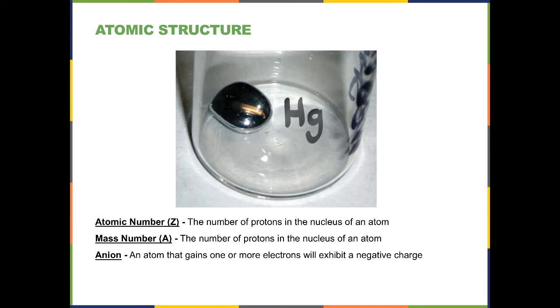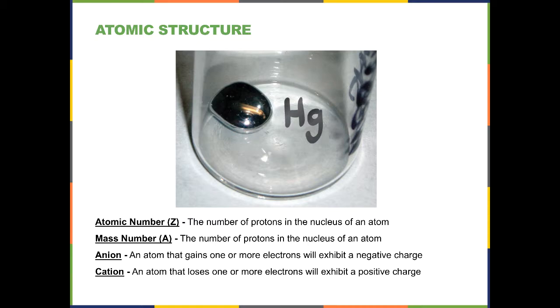But if you have more electrons than protons, then you will exhibit a negative charge, and that atom is then called an anion. A cation, on the other hand, has one or less electrons compared to the number of protons, and therefore it will exhibit a positive charge.